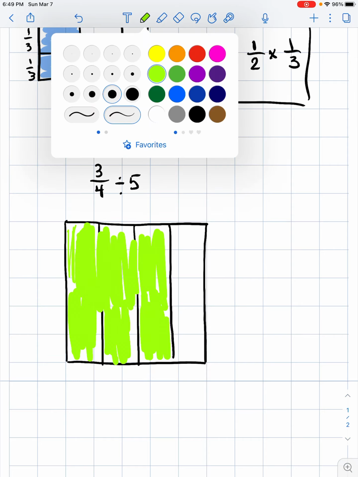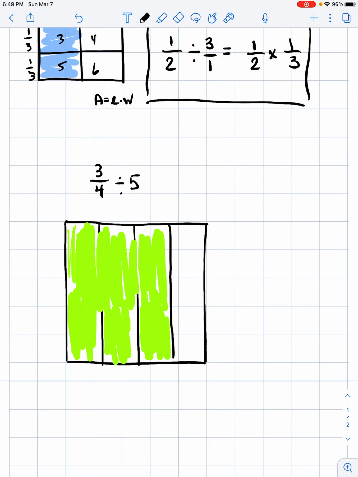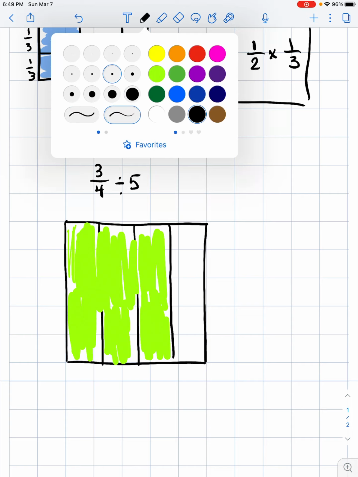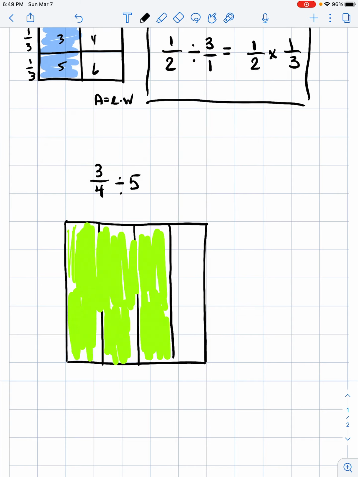Okay, we need to go back and make sure that our lines are intact. Okay, so each of these is 1/4, 1/4, and 1/4.